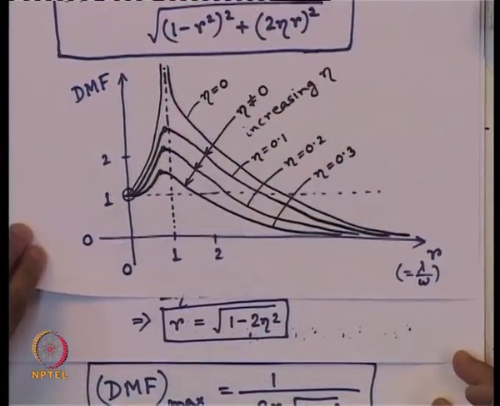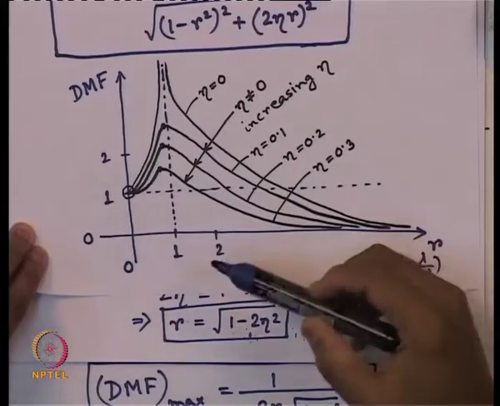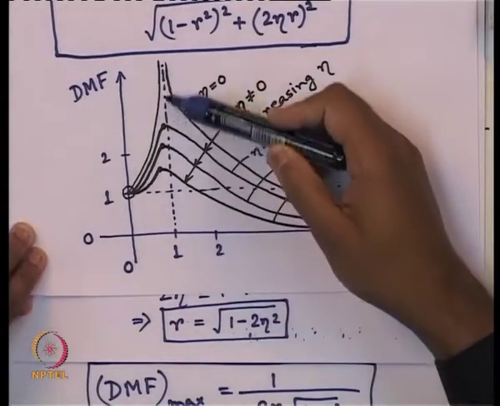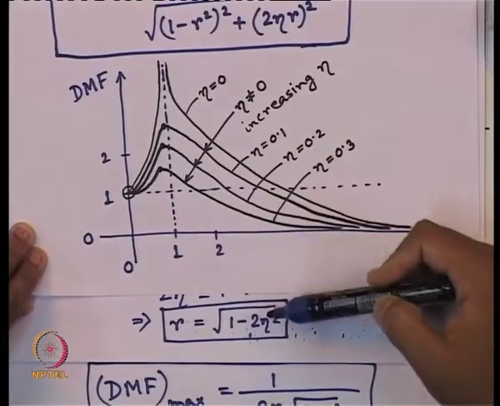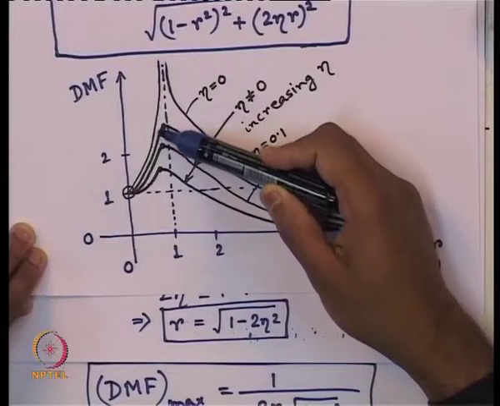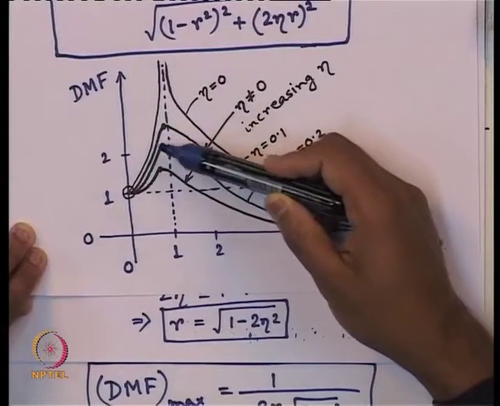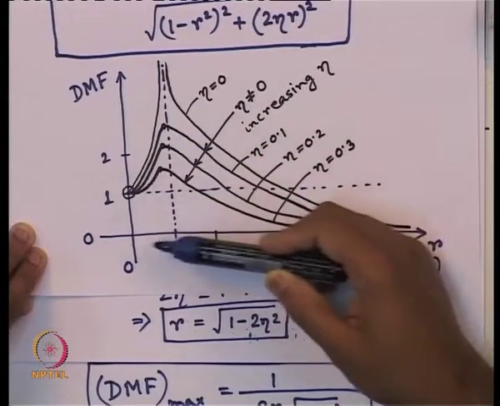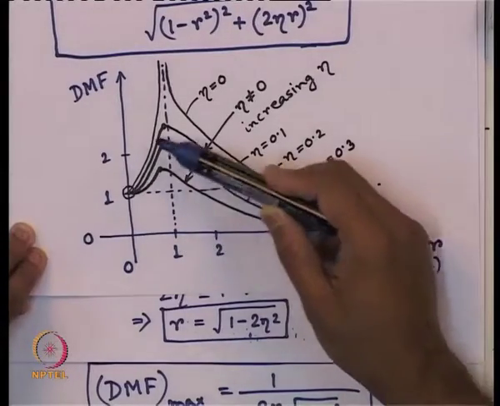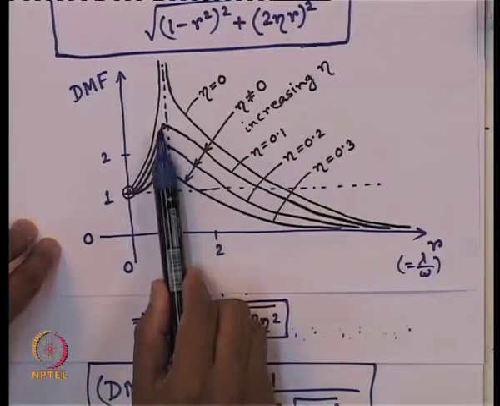So, let me put the graph again here and compare with respect to this expression. Now, it will be easily understandable for us. At eta equals 0, the maximum occurs at r equals 1. With an increase in the value of eta, this maximum point shifts towards r equals 0, a little away from 1, just before 1, but this point keeps on shifting.